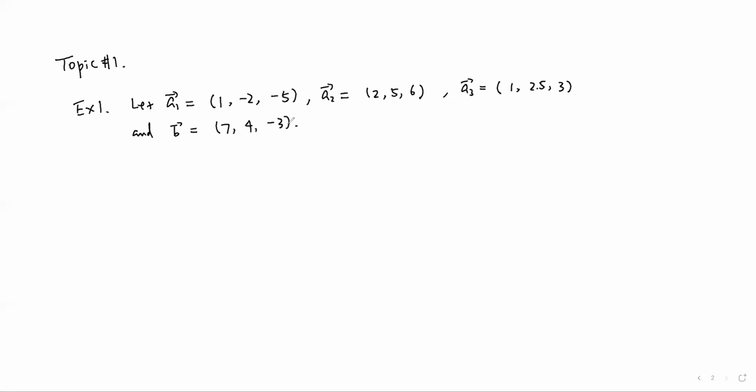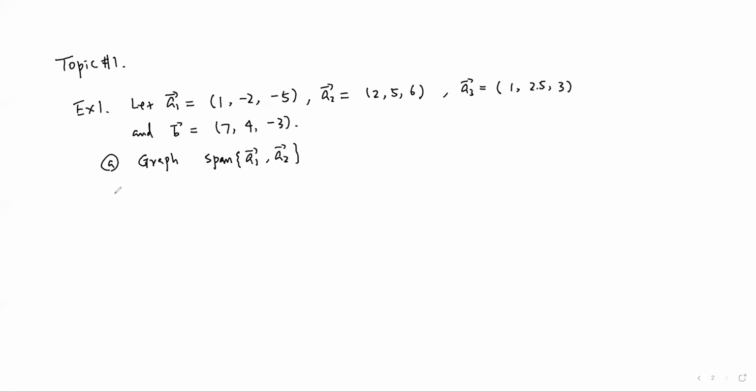All the 4 vectors are 3-dimensional vectors. So if you plot these vectors, you should plot the vectors in XYZ space. Now questions. A, graph the set spanned by A1 and A2.